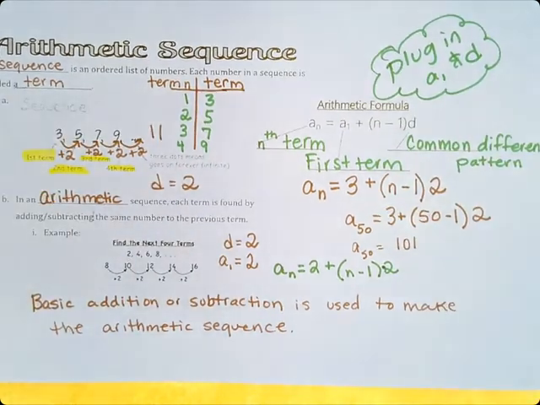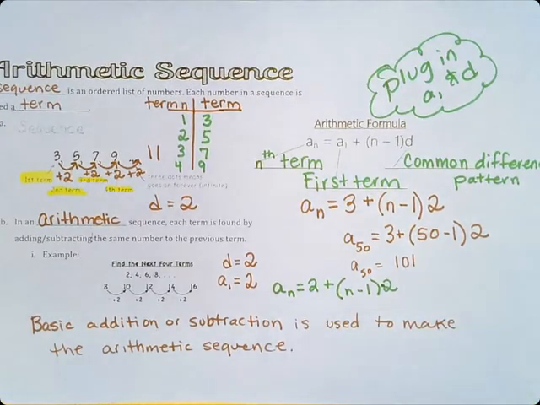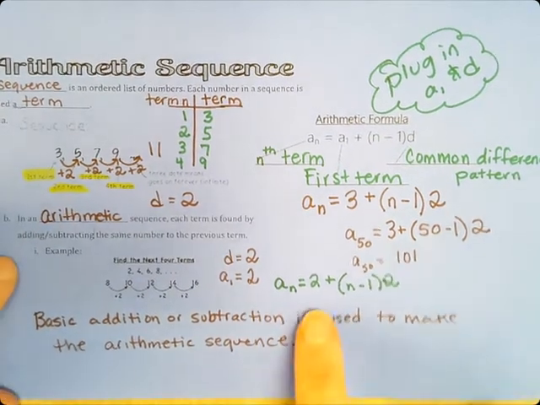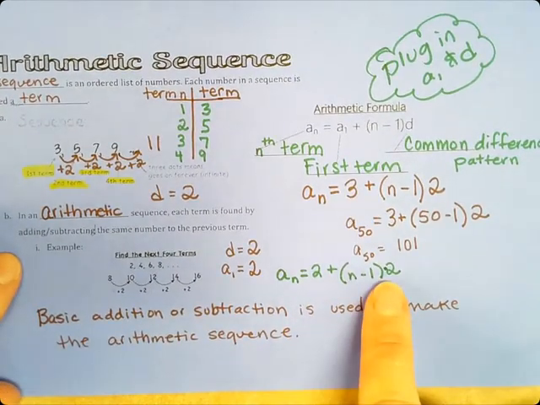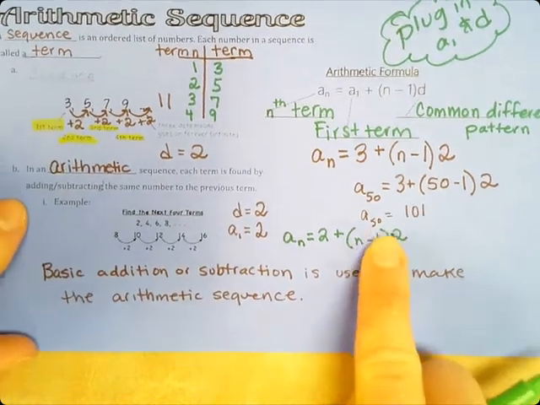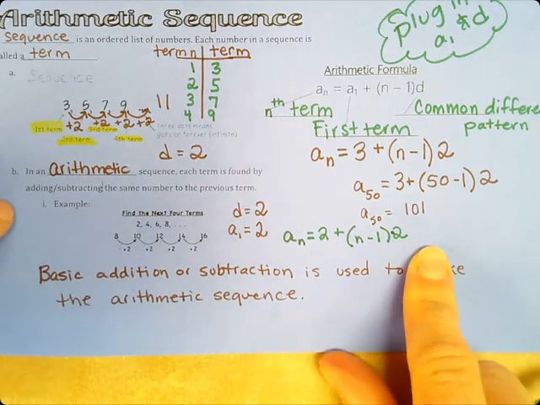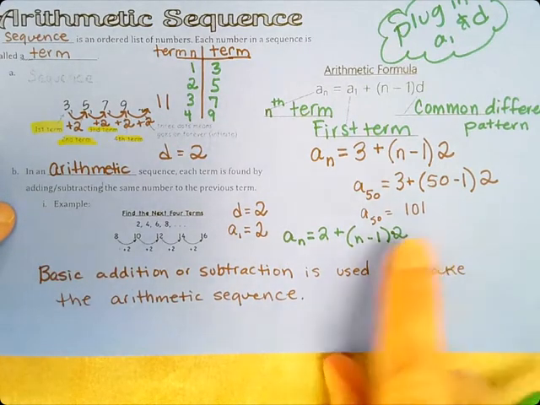We'll leave AN and N just like they are. Okay, so we can leave it just like this. What you're going to learn in a minute is that we can actually simplify this to make it in simpler form. So we'll look at that in a minute.